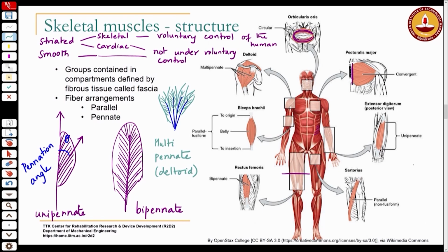So, here how it looks actually is, you have the long axis of the muscle like that, but you have the fibers aligned like that. That is why it is a pennate muscle.